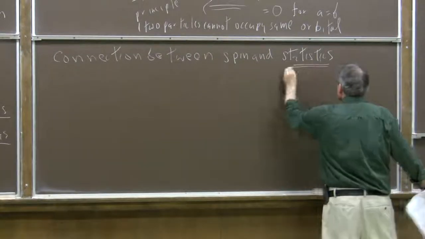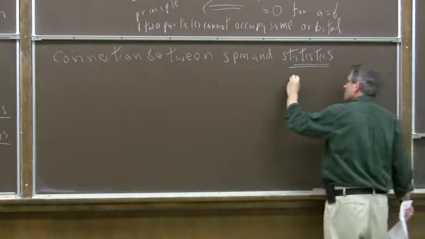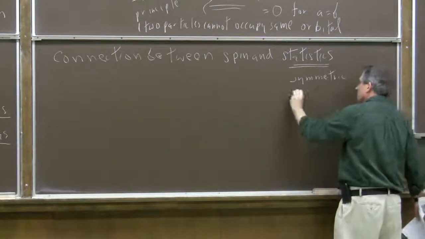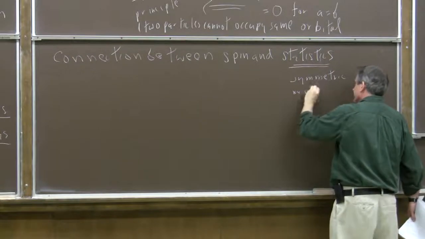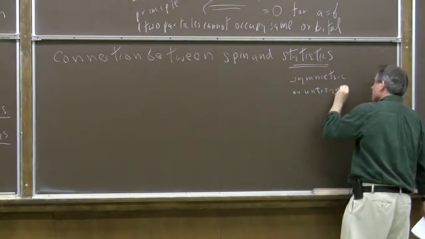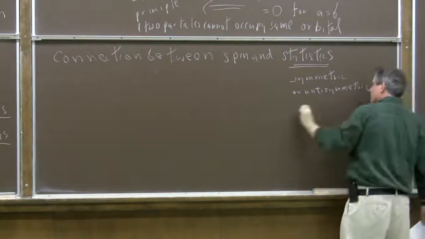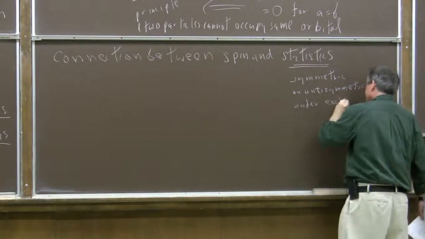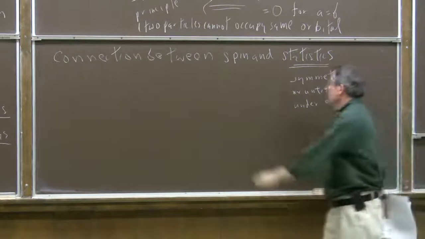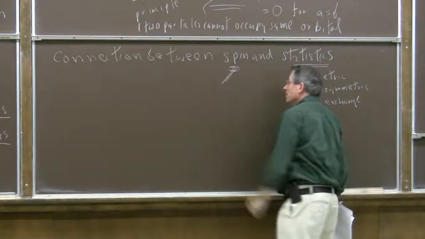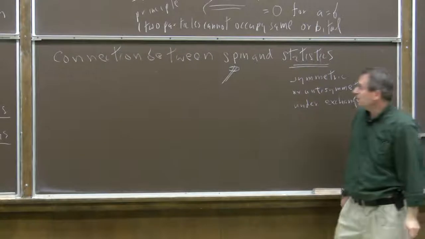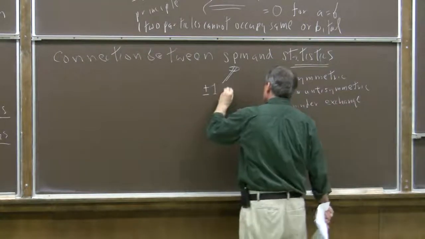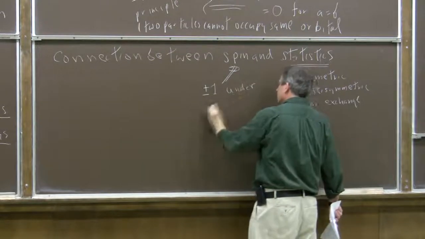So statistics means symmetric or antisymmetric under exchange. And spin, well, the important distinction for spin, the intrinsic angular momentum of a particle, is whether you get a plus or a minus 1 under rotation by 2 pi.